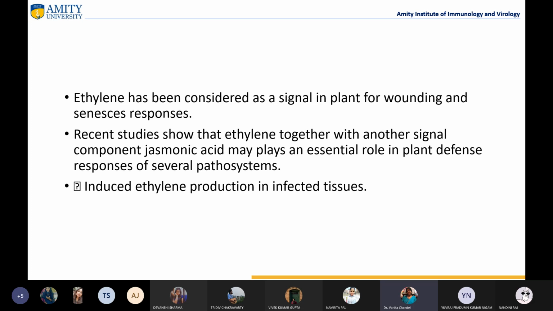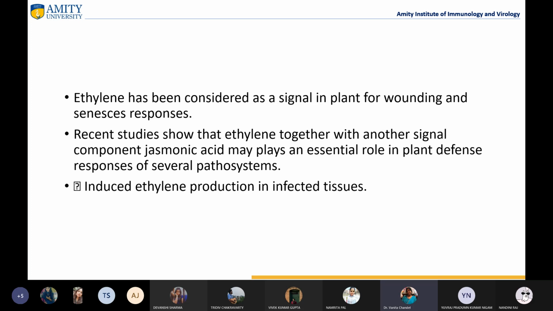When a pathogen infects the plant and has gained entry, the plant knows that the pathogen is inside it, right? So it is going to produce certain chemicals, or it is going to kill that area where the pathogen has tried to enter. That is a hypersensitive response.